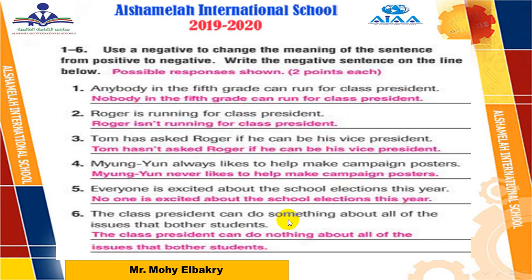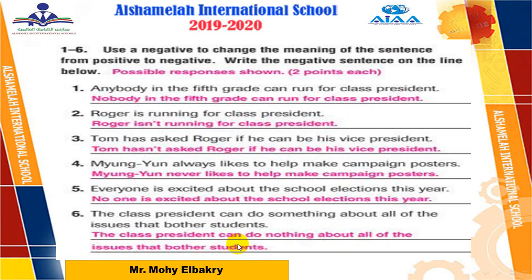Number 1, we can say change some, as I said before in number 1 and number 5. We change any, some, every, and so on to no. So something will be nothing. So the class president can do nothing about all of the issues that bother students.